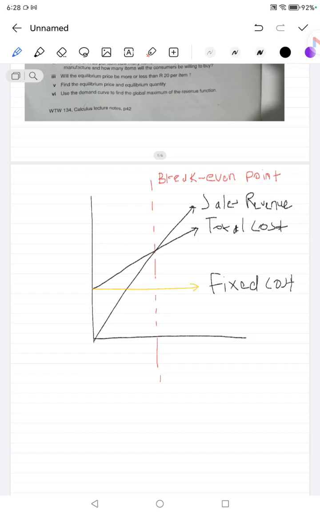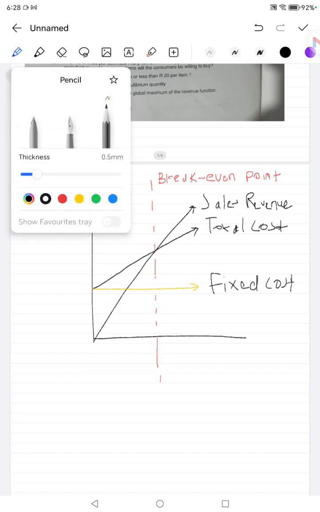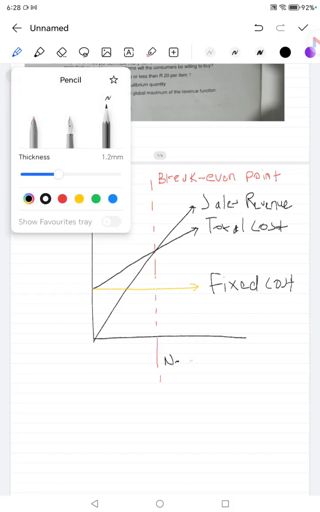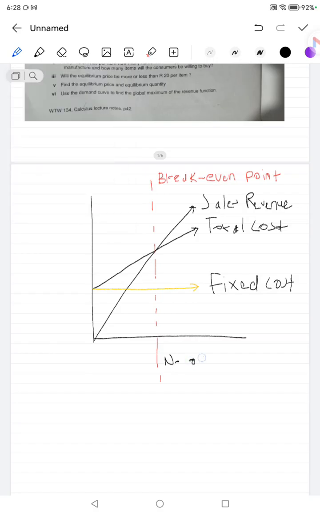Then okay, this side we're going to be having a number of items. Let me just increase this. Number of items. Then this side we would consider the total revenue.